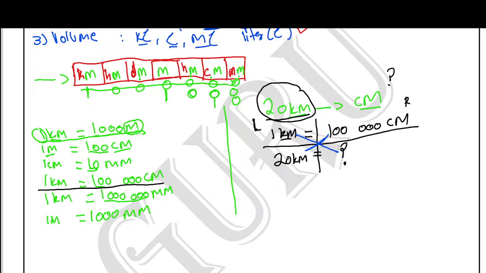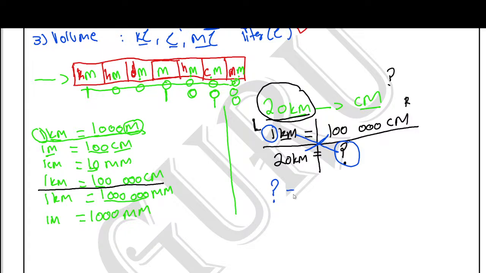When you cross multiply, you leave the units behind. We are going to multiply the numbers only. We start with the unknown: question mark multiplied by 1, so it remains question mark.